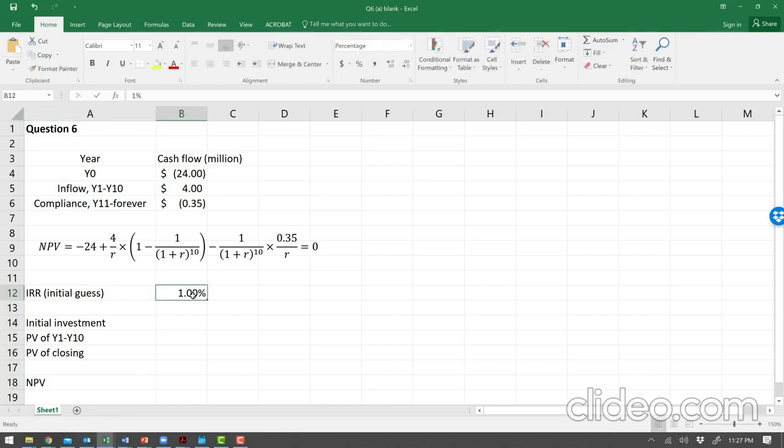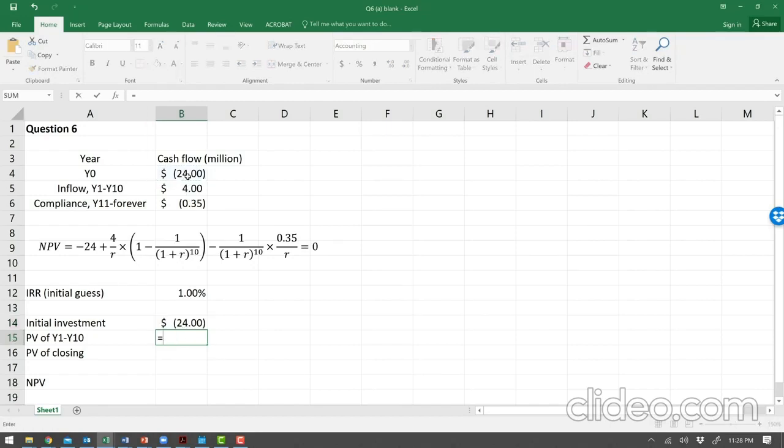Let's start with an initial guess for IRR, say 1%. Given this 1%, I will compute the net present value of this project. I will break down this calculation into 3 parts: the initial investment, the annuity part, and the perpetuity part. The initial investment simply equals to negative 24 million.